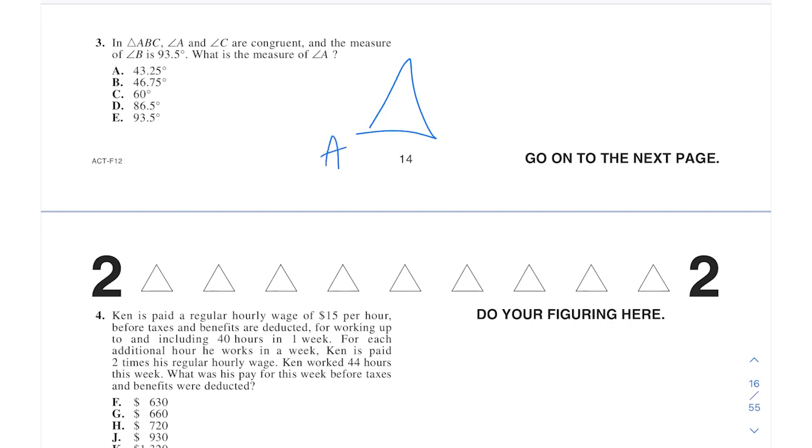So here, A, B, C, these two are the same. B is 93.5, so that's going to be 180 minus 93.5, which would be 86.5. 86.5 divided by 2, 43.25.